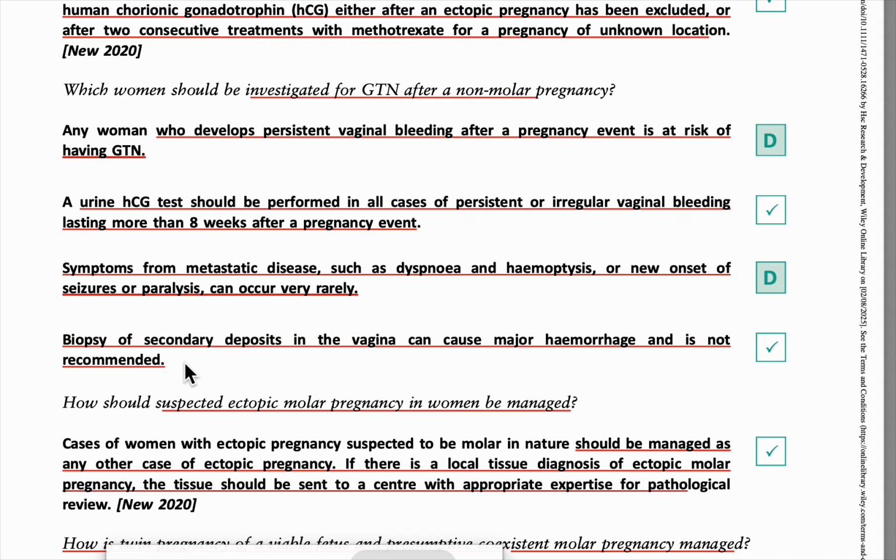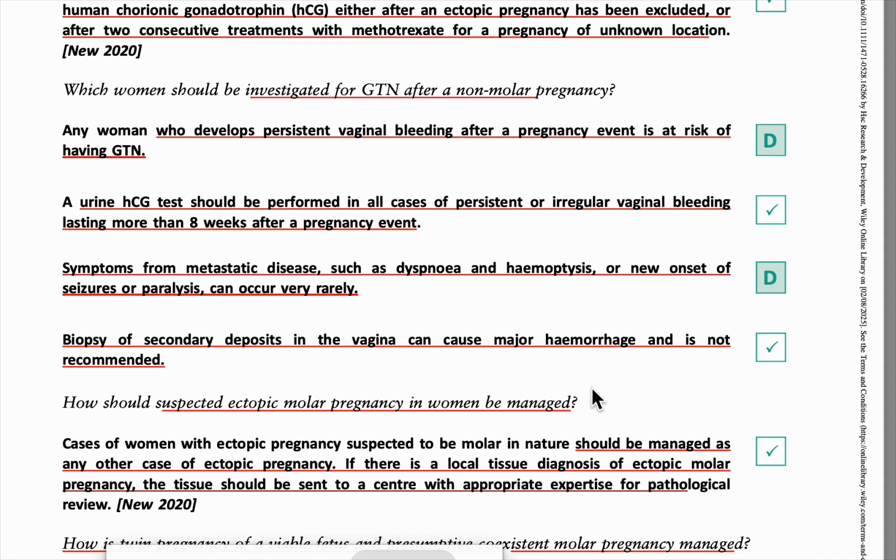They are the ones who decide what to do. We are not, because we don't have the facilities. GTN care is at a tertiary center, a special center made for GTN.